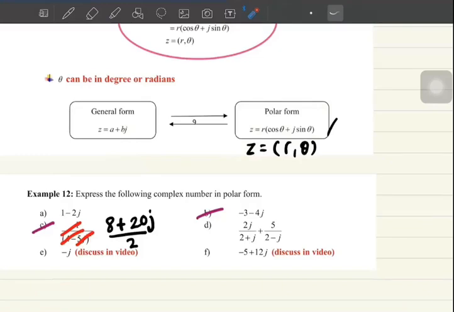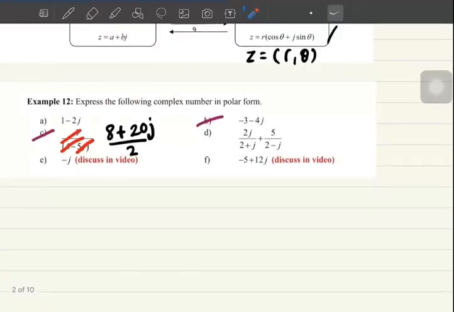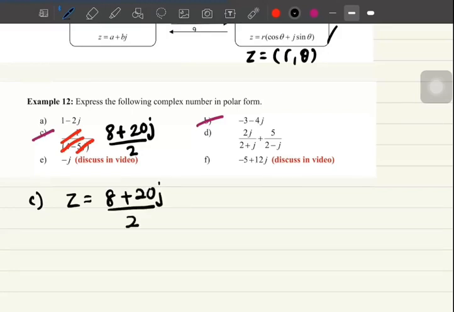So this one, Z is equal to 8 plus 20j over 2. Is it already in general form, or do you need to multiply by the conjugate? If there is a j in the denominator, we need to solve it. If there is no j in the denominator, it is already in general form.